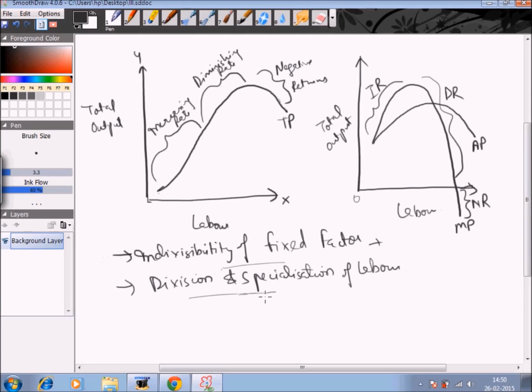If we have just one manager to manage all these departments, the productivity will be less than maximum. But as we employ different managers for the different departments, the productivity will increase.